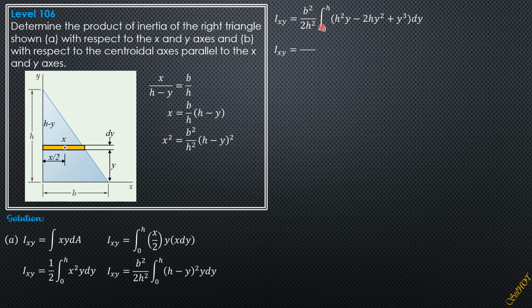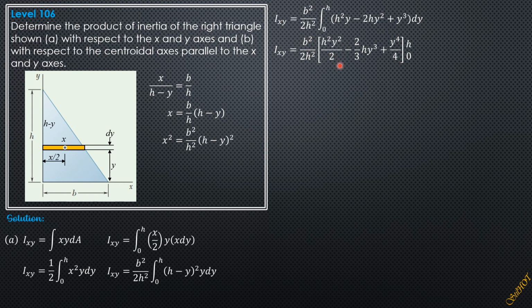Integrating, we have b squared over 2h squared times quantity h squared y squared over 2 minus 2hy cubed over 3 plus y to the fourth over 4 from 0 to h. So we don't mind the lower limit. These terms are like terms: 1/2 of h to the fourth minus 2/3 h to the fourth plus 1/4 h to the fourth, times b squared over 2h squared.